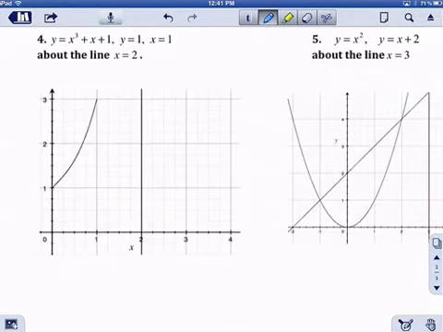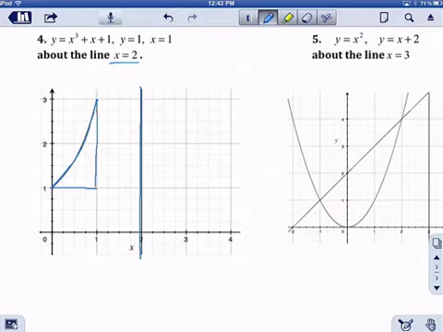Now I want to show you this example because now we're going about the line x equals 2. It always gets a little more complicated when the axis of revolution is not the x or the y axis. So we want to revolve x cubed plus x plus 1, which is right here, y equals 1, which is here, and x equals 1, which is here.